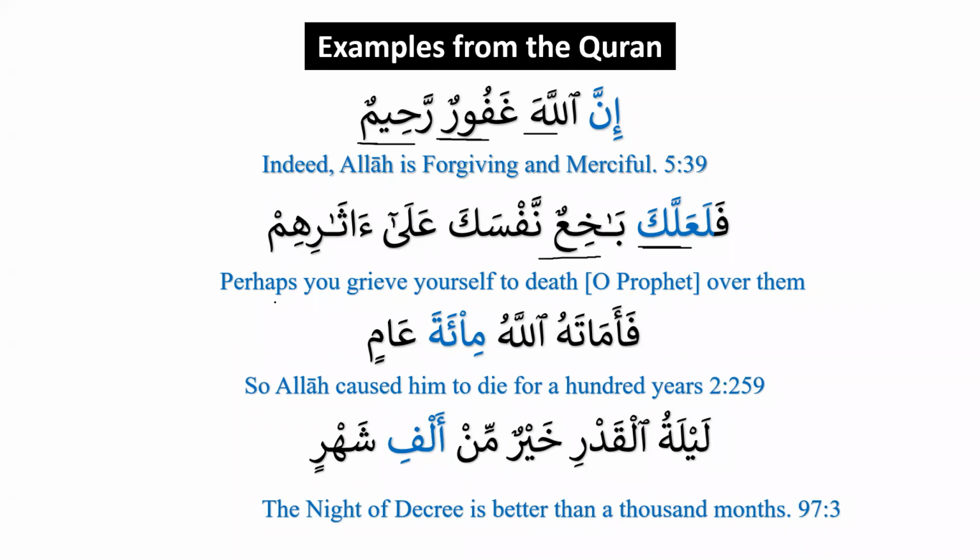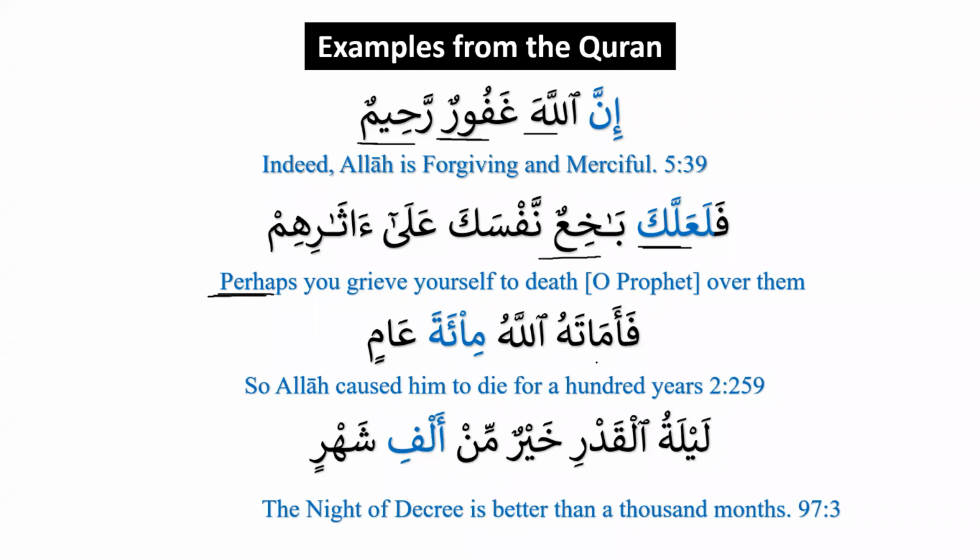Perhaps you. If you remember, I told you that in the Quran, la'allaka is translated as perhaps, but in everyday life it can give the meaning of fear or hope, at-taraji wal-ishfaq. But when we talk about the Quran, it is translated as perhaps or so that.